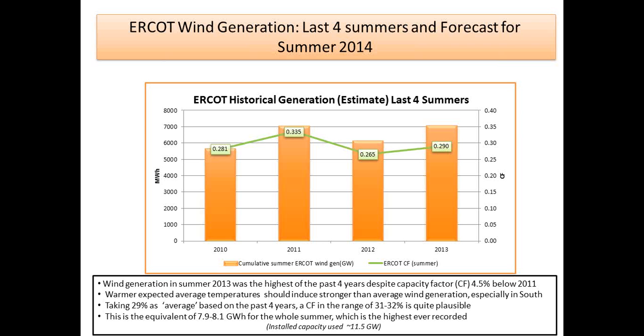If you take an average 29% capacity factor from the past 4 years, something close to 31 to 32% is pretty plausible for summer of 2014, which would be the equivalent of about 8 gigawatt hours for the entire summer, the highest ever recorded. And this is using an installed capacity close to 11.5 gigs.